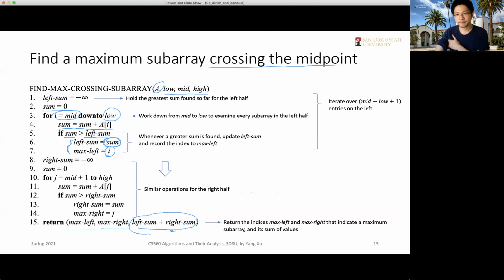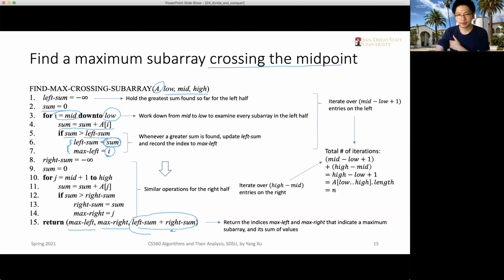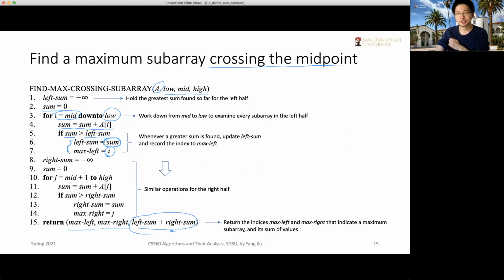If we look at how many iterations are executed in the two for loops, it's a straightforward analysis. The first for loop iterates from mid to low, so it iterates over that many entries. It's basically half the size of the original one. And the right iterates from mid to high.